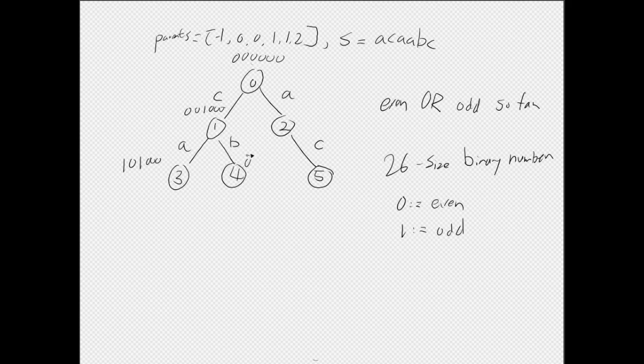It will have 0 1 1 0 0 0. And here, if we go to A, it will be 1 0 0 0 0. And when we go to C after visiting here, we will have 1 0 1 0 0 0. So that's basically the idea.